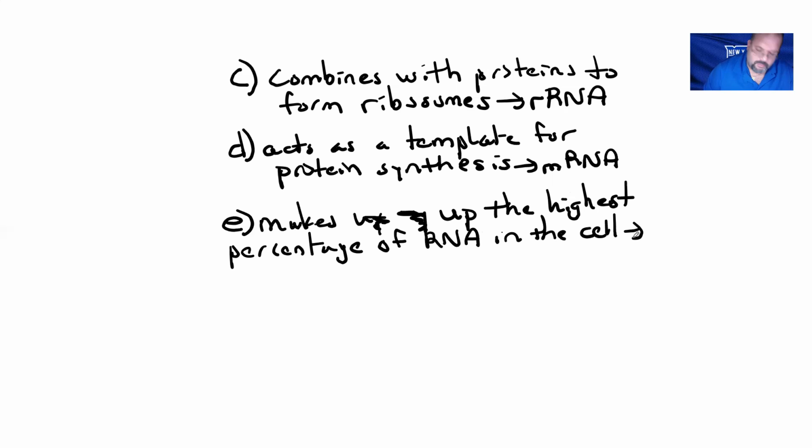Essentially, the most abundant type of RNA that we have is the ribosomal RNA. All right, so hopefully just by looking at these questions and with a little bit of extra in-depth information, we now have a pretty good idea of the 3 different types of RNA that exist.